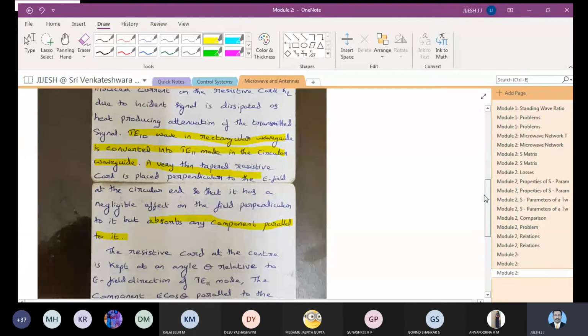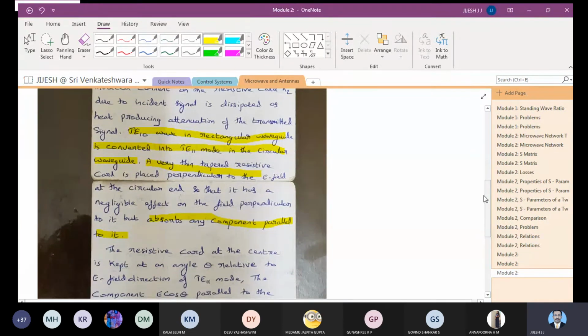That's what I have told you, the component E cos theta is parallel, and that explanation is there further.